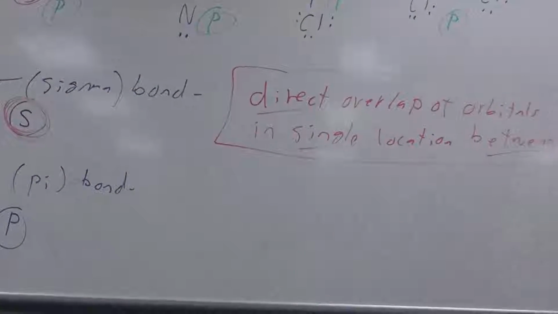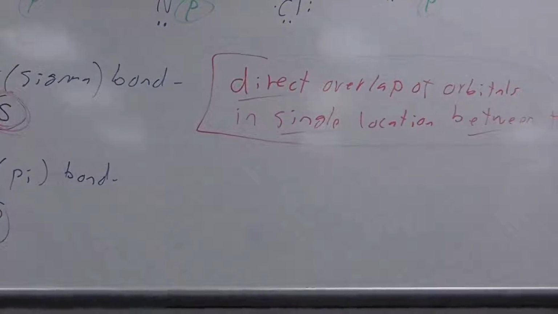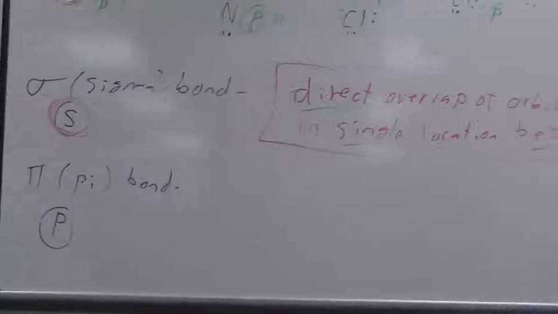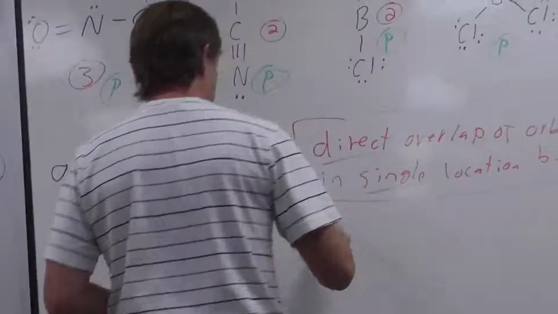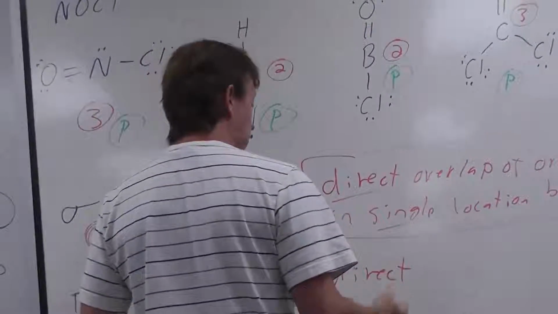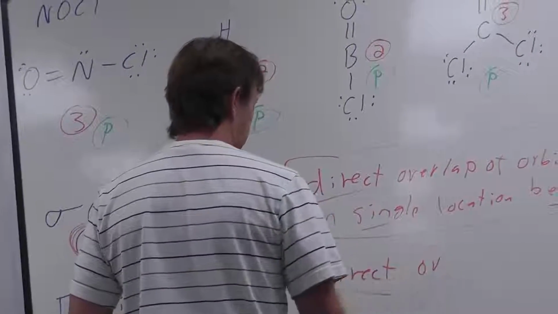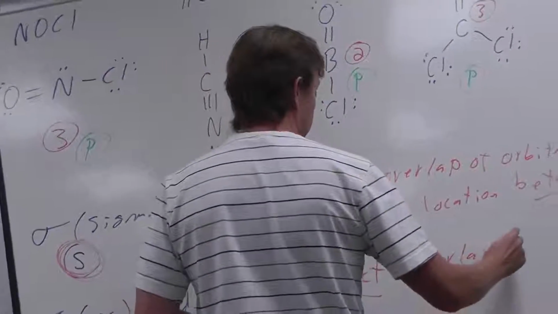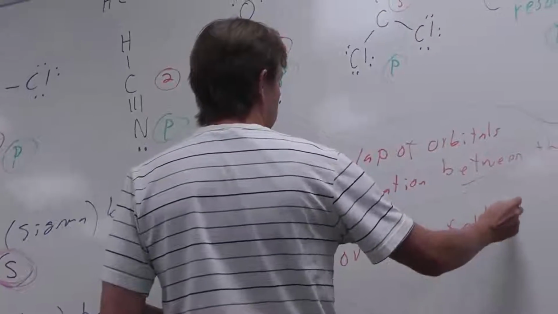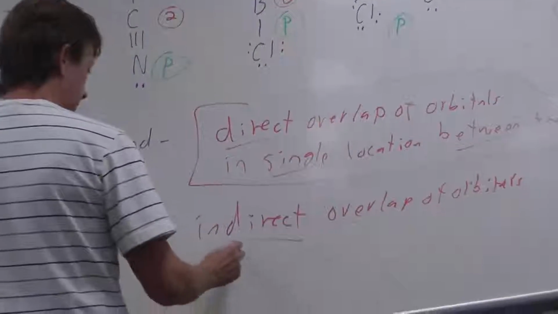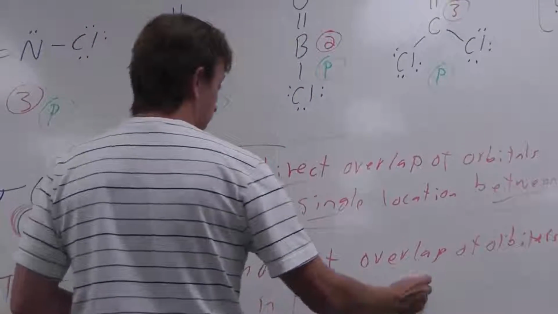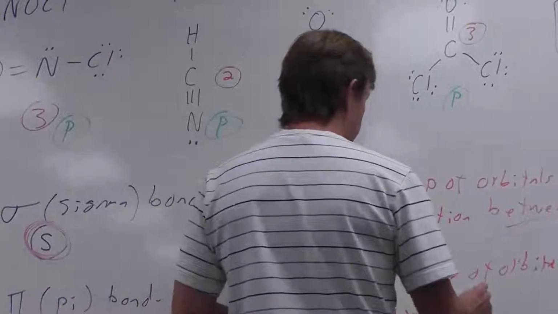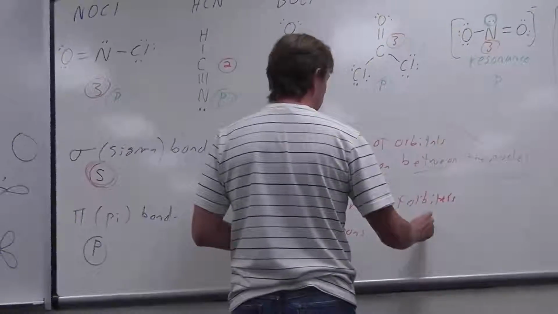Pi bonds are less direct. In pi bonds, you're having overlap in two locations. Not in the plane of the nuclei.